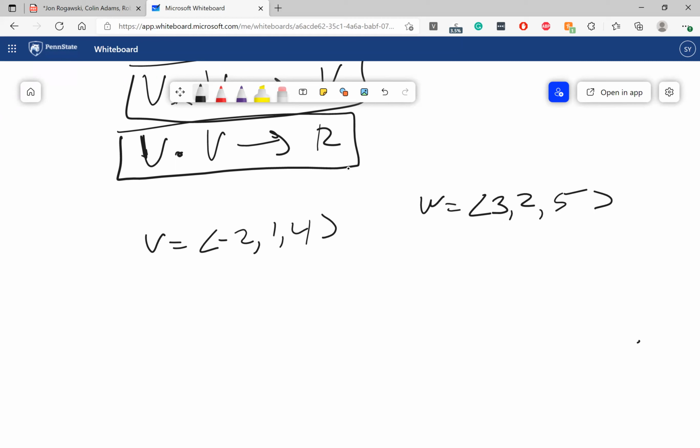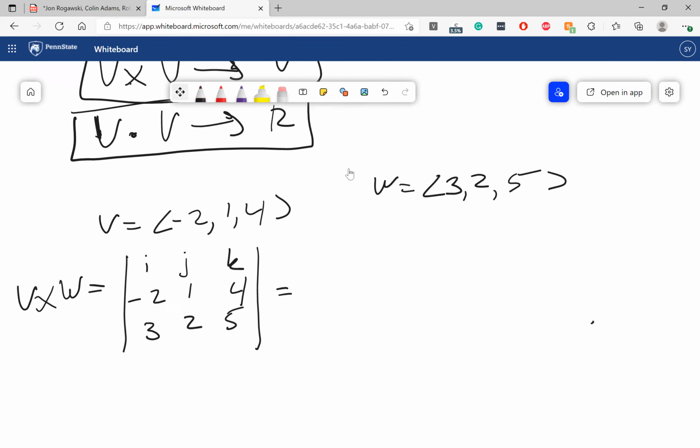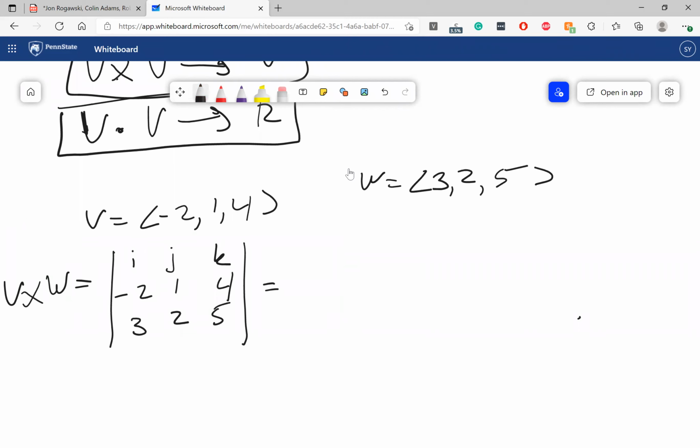So they ask us, what's the cross product of V cross W? So that's going to be the determinant of the matrix I, J, K, negative 2, 1, 4, 3, 2, 5. Why don't you guys take a couple of minutes and do this cross product, and then we'll do it together.